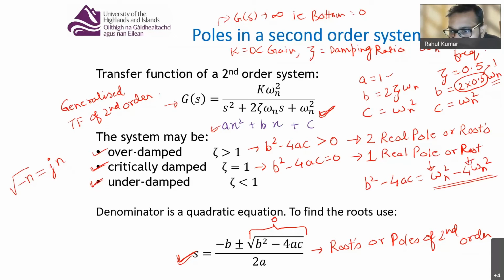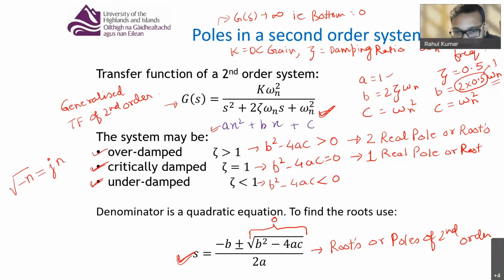The first term is omega n square and the second term is 4 omega n square. So basically what I will get is b square minus 4ac will be less than 0. I will get a negative value, so I'll create some space. It is less than 0, that is a negative number.